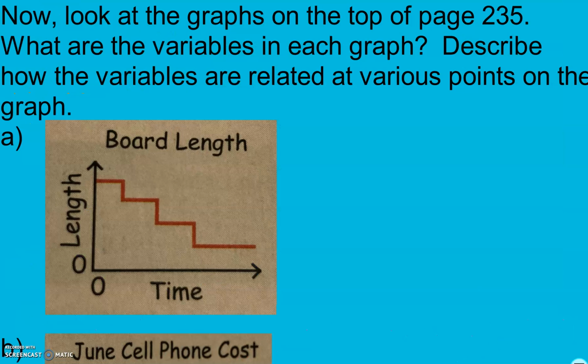Now we're going to look at the graphs on the top of page 235, which I have here. What are the variables in each graph? And then describe how the variables are related at various points in the graph. So in A, we're talking about the board length. Our variables are time and length. And they're changing here.